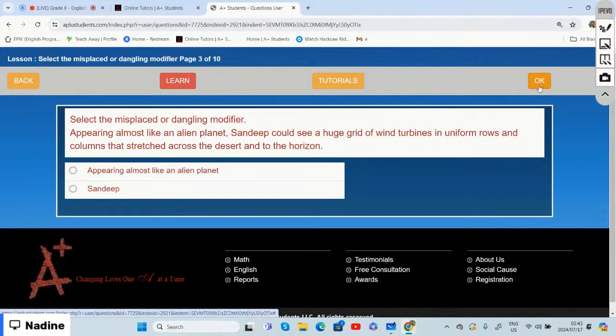So we need to choose the correct modifier if it's either appearing almost like an alien planet or Sandeep.